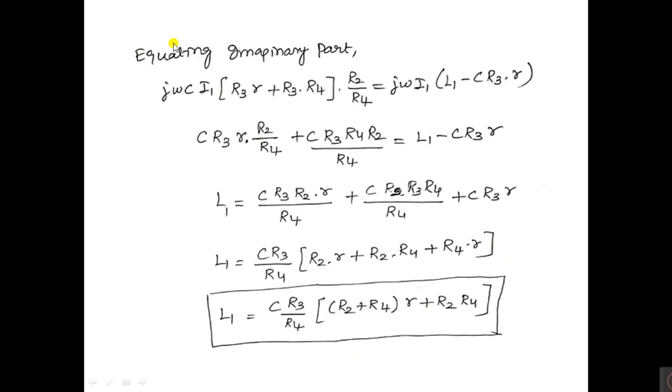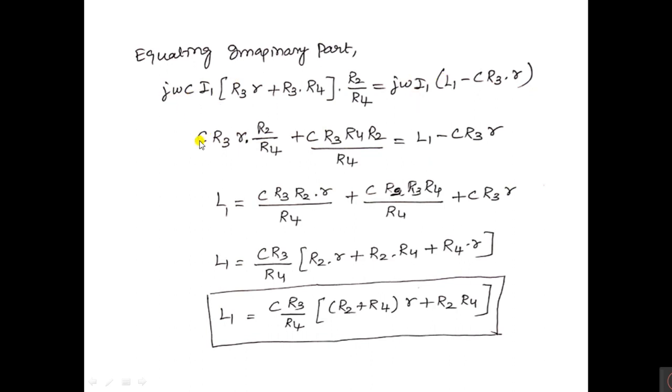Now if I equate the imaginary portion on the left hand side as well as the right hand side, I am getting this expression. Here j omega and j omega cancel on both sides. Now I am getting this expression. Anyway, this I1 also cancels. Right? J omega and I1 cancel.